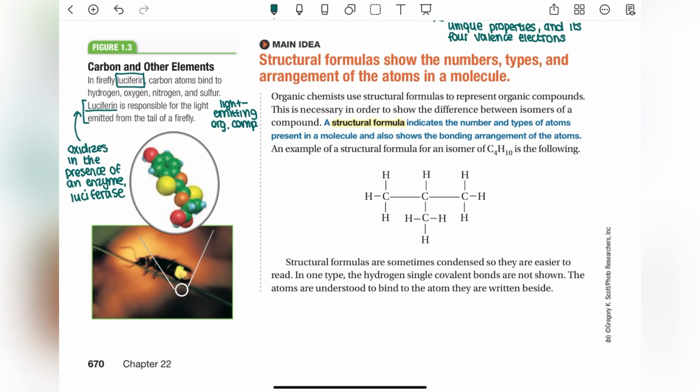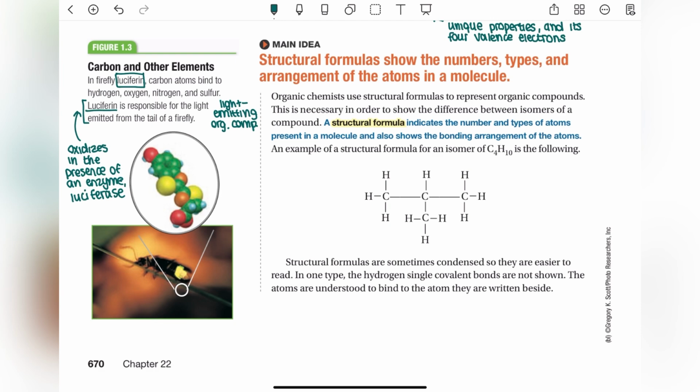There's also chemical formula, and a condensed structural formula. But there is an advantage to a structural formula because, as the name implies, we can see the structure. Organic chemists use structural formulas to represent organic compounds. This is necessary in order to show the difference between isomers of a compound.